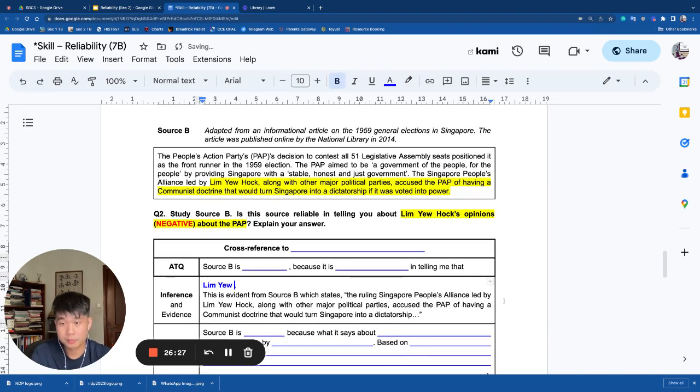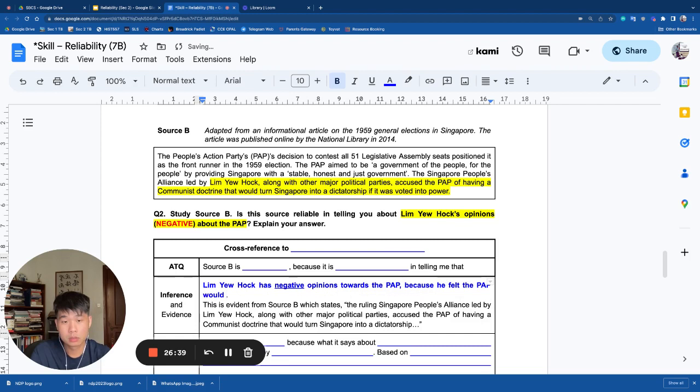Lim Yew Hock has negative opinions towards the PAP because he felt the PAP would take full control of Singapore and reduce locals' freedoms and choices.